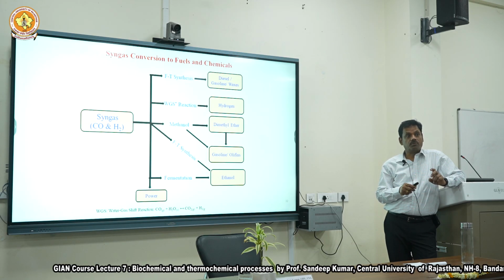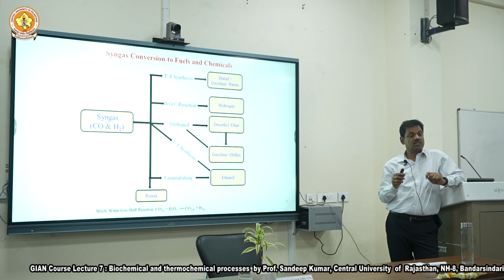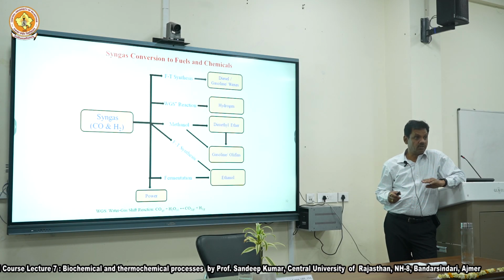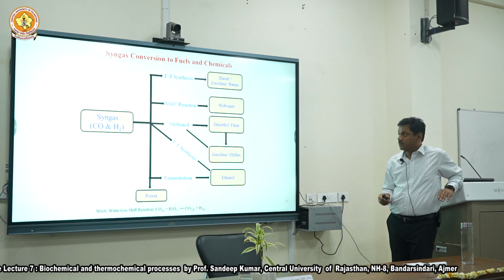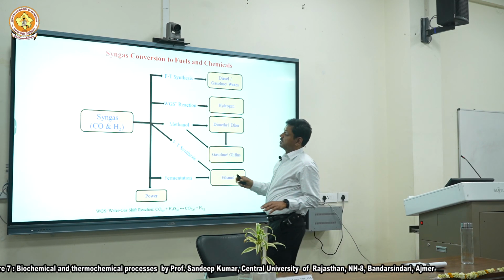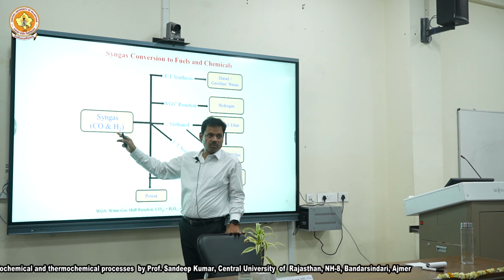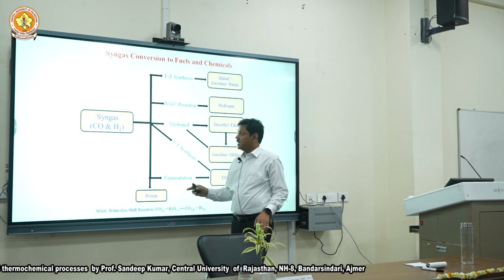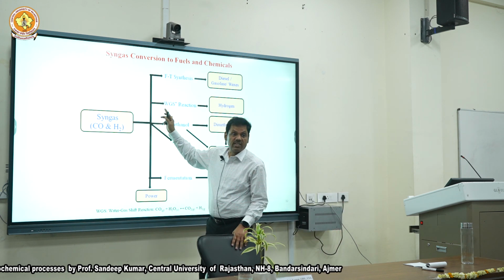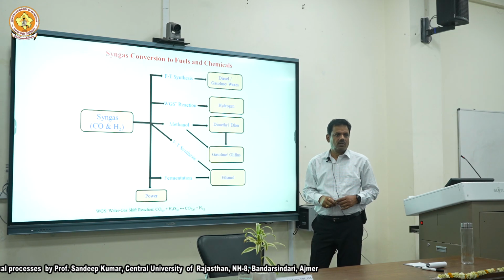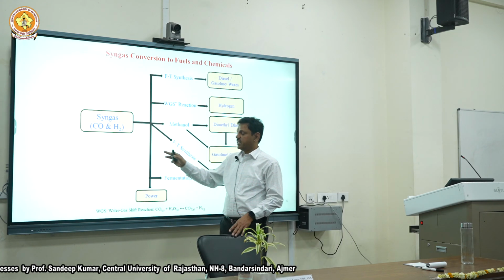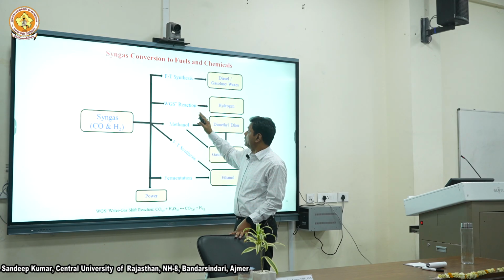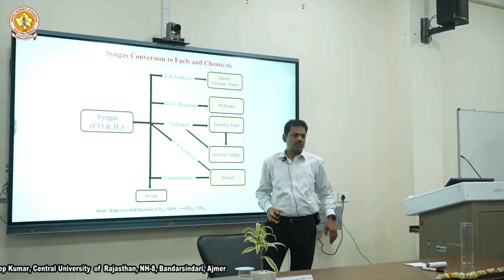The biomass can be gasified at 700, 800, 900 degrees Celsius with a limited supply of oxygen, and the mixture that comes out is called syngas, which is carbon monoxide and hydrogen. And this gas has high potential for making different chemicals. You can run a gas turbine also, it has energy, electricity, or you can do Fischer-Tropsch reaction.